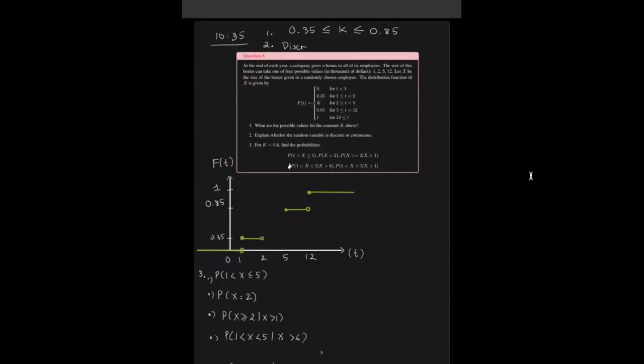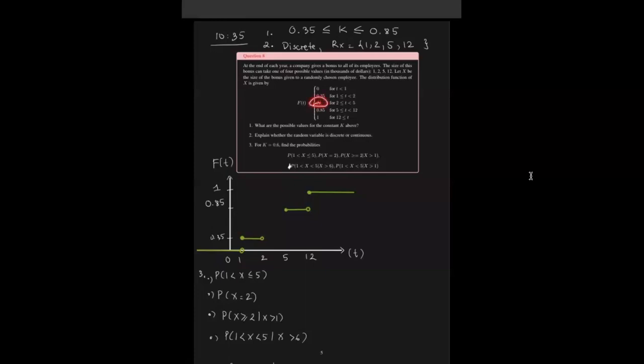So x is a discrete random variable, and the range of x is 1, 2, 5, and 12. We know that because every time that you see a jump, the probability at that point is positive. At 2 and 5, at least one of them has to be a jump, or both of them can be as well.